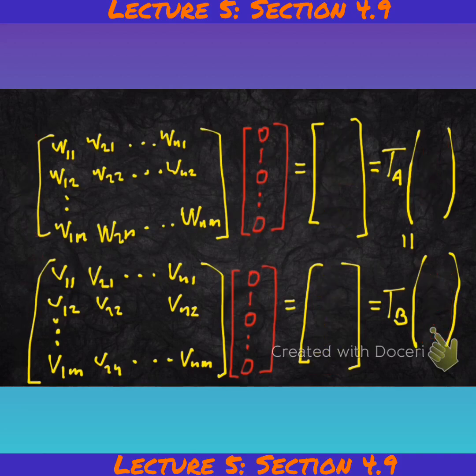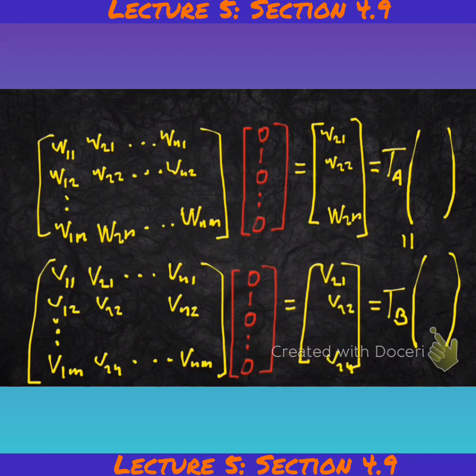Let's take the next vector, the vector with 1 in the second row and 0 everywhere else. If you multiply that out, we are going to get the second column there, and in the other matrix, we're also going to get the second column.